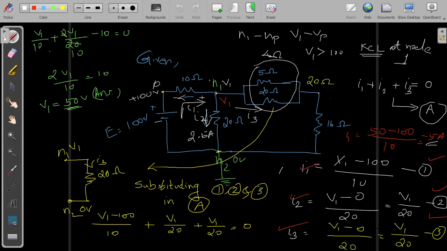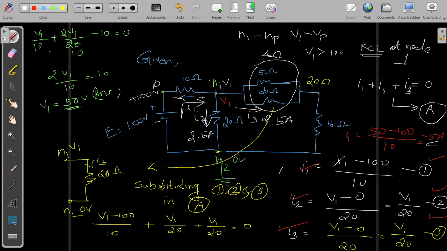So 50 by 20, you will get the same magnitude and same direction of the I3 current, that is 2.5 ampere. This is nodal analysis, applying KCL.